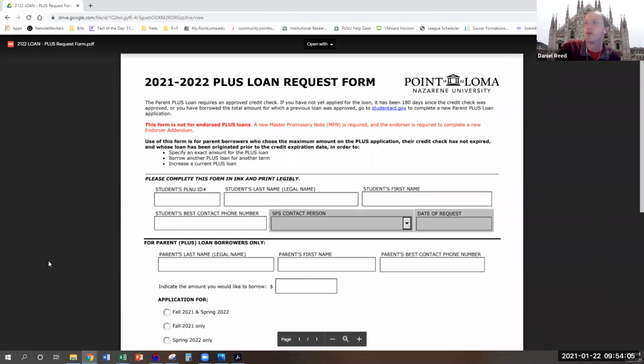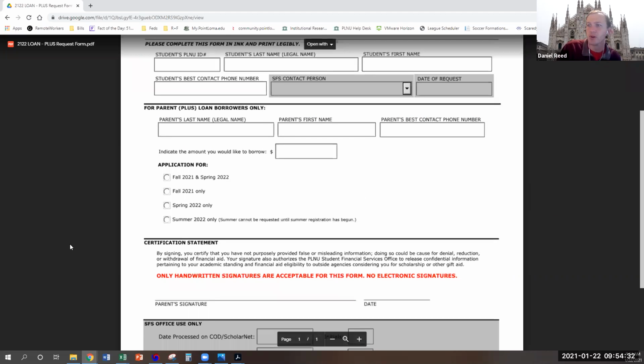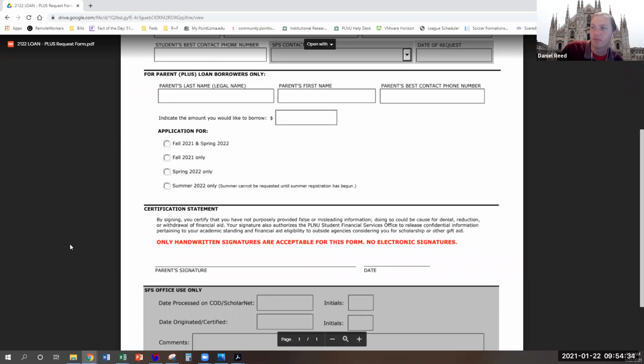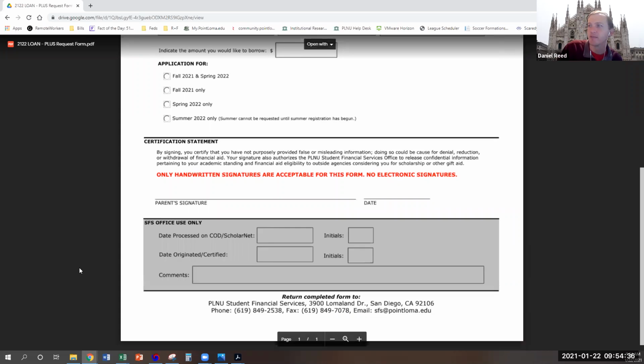The PLUS request form we normally use to get the amount for a parent borrower who has previously requested a maximum or unknown amount on their initial application. So we follow up to get a specific amount from the parent to use for our actual origination process.